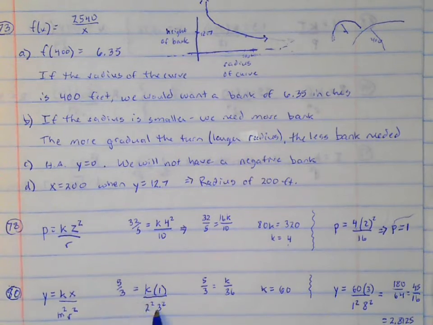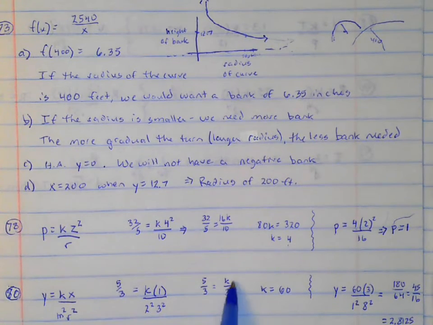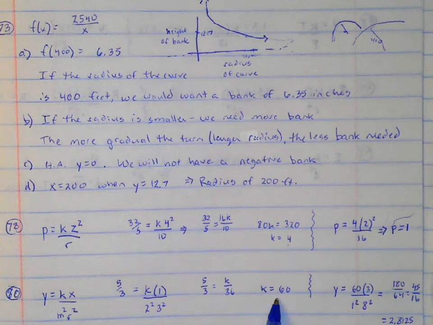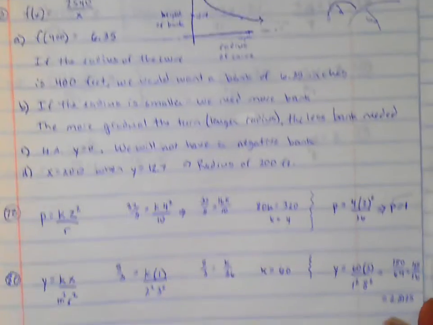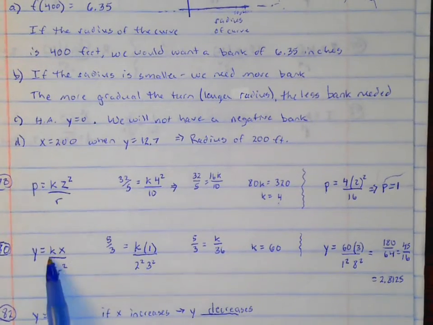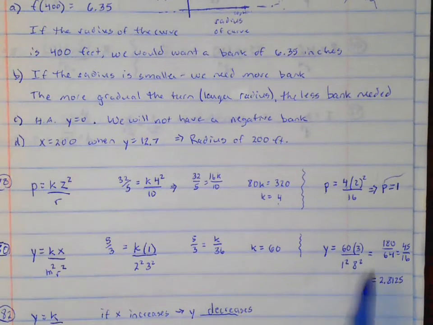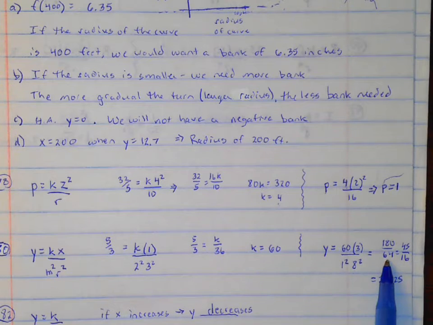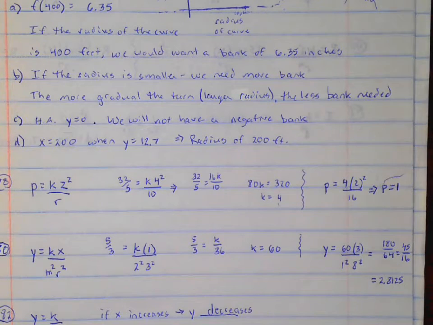Gives you these values, plug them in here, and work it out to k is 60. And then once you know 60, you can plug that into this equation with the other x, m, and r values, and work that out to get 180 over 64, which simplifies to 45 over 16, which is 2.8125.